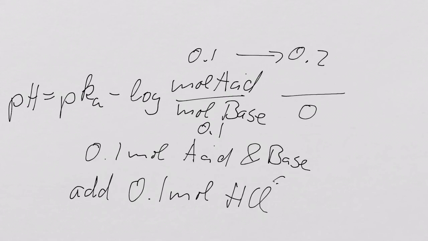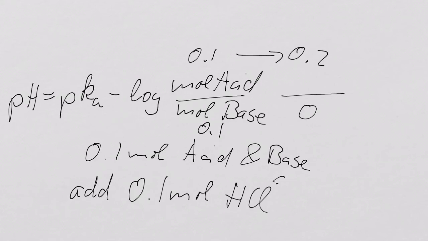The system can't cope with that. It's not just that the maths can't cope with it, it is the system can't cope with it anymore. It basically means we have reached the limit of our buffer.